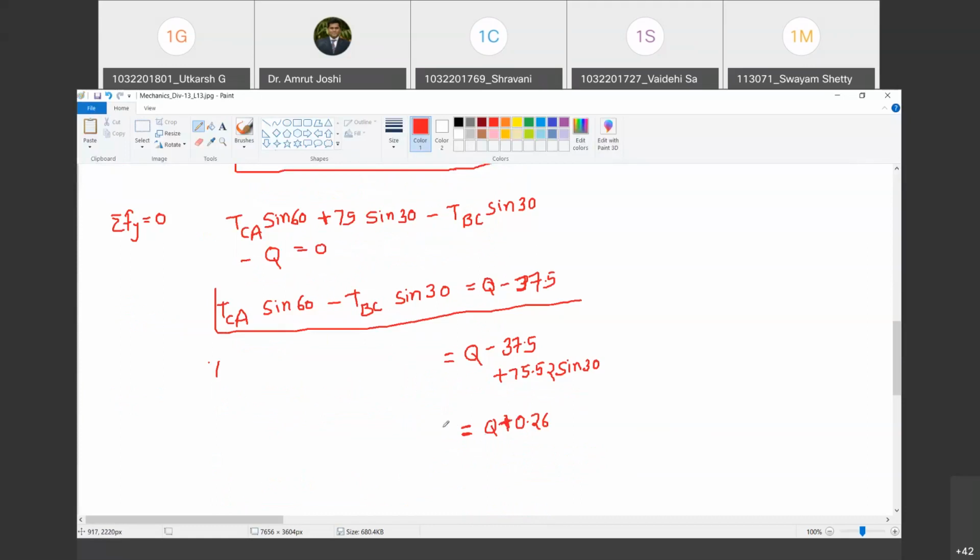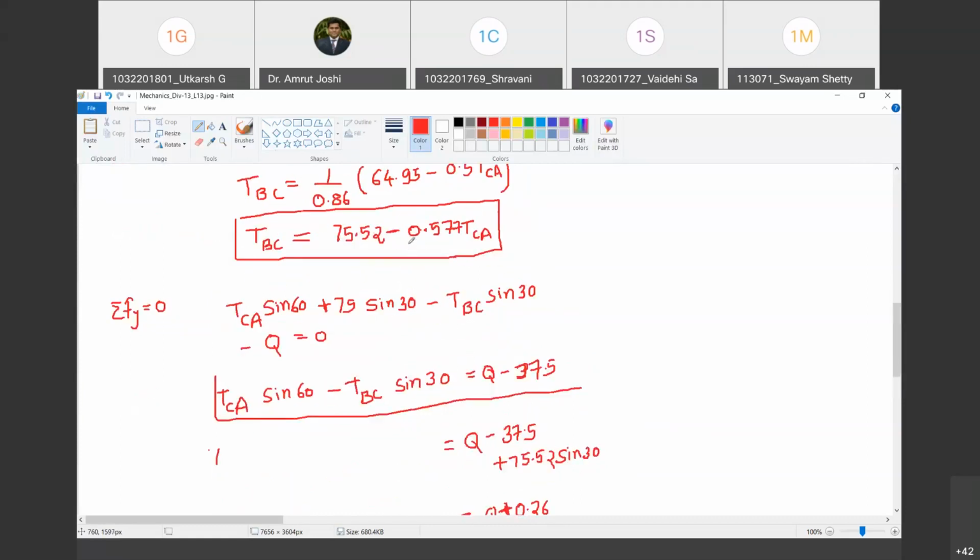Now what remains is 0.577 TCA, but it is minus. This minus, that minus will become plus. Are you with me? What you will get is TCA common in a bracket. From the first term, you have sine 60, and from the second term, plus 0.577 sine 30.